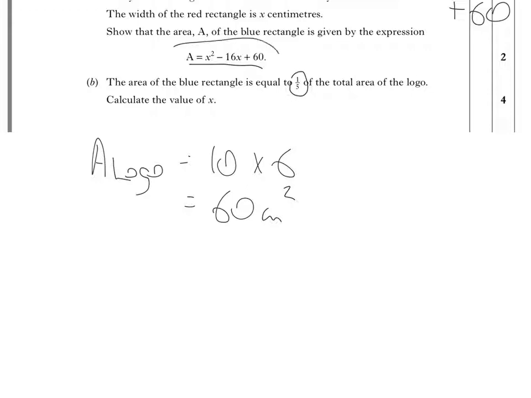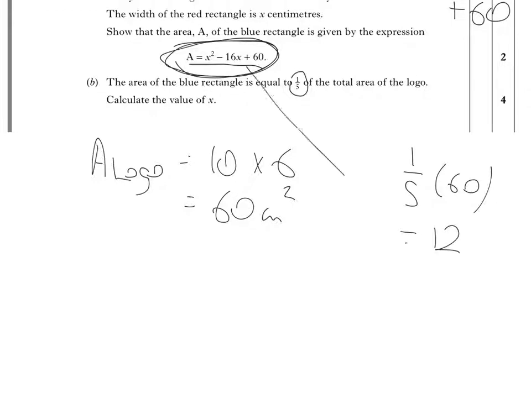Now, the area of the blue part is equal to 1/5 of the total area. So 1/5 of 60 is equal to 12. So that's telling me that x squared minus 16x plus 60 must be equal to 12.